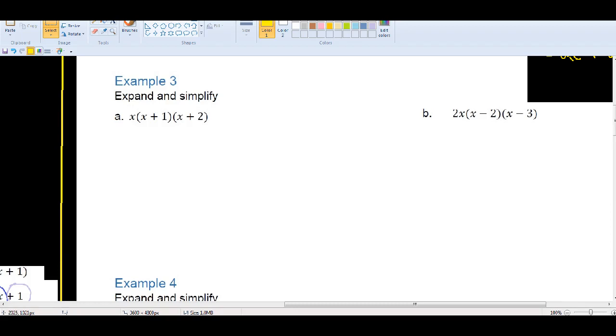There are lots of ways to do it, but for me, I'm going to do the binomial multiplication first, and then I'm going to multiply that x into what we've got from the binomial multiplication. Alright, so let me just copy it and put it here.